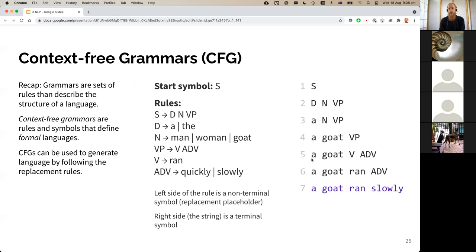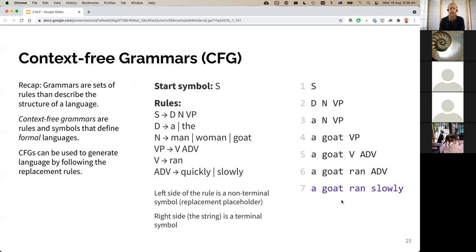So we go through that process of swapping out the leftmost non-terminal symbol in the sequence, and eventually we end up with an utterance or a sequence of strings that satisfy the rules of the grammar. So this would be a conforming sentence in this language.